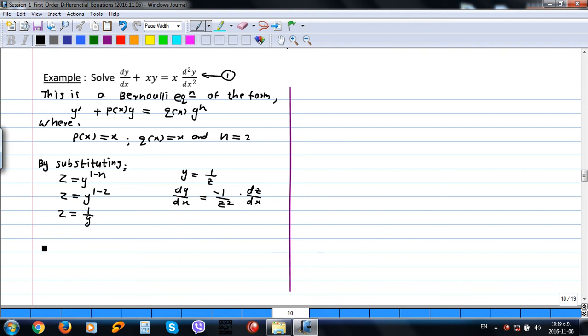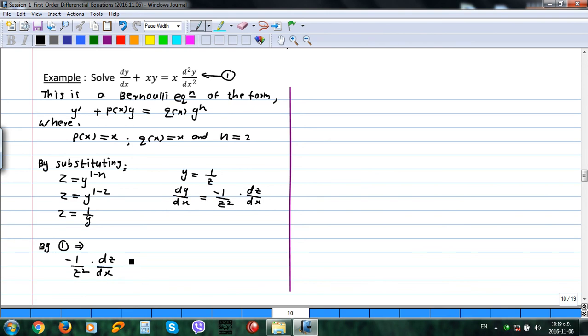So then I'm going to substitute. Instead of dy by dx we found the value, that is minus 1 over z square times dz over dx.